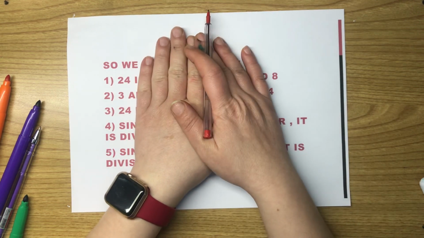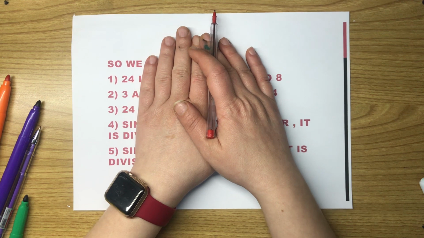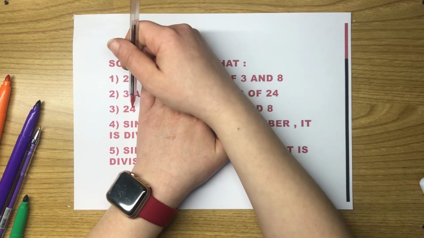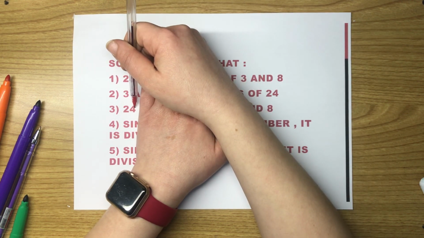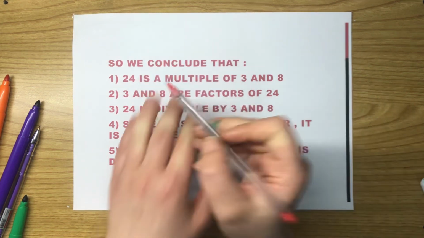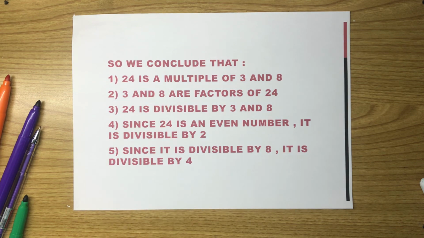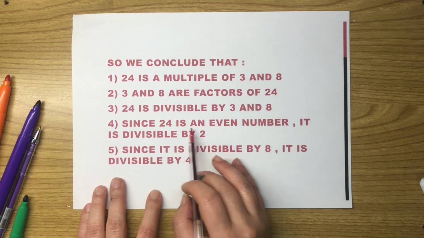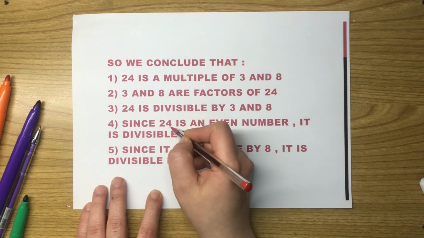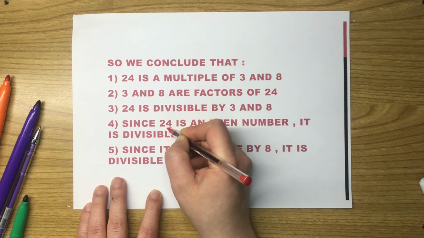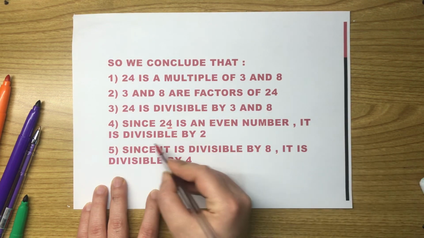You just gave us the divisibility rule of 3. 2 plus 4 equals 6. 6 is a multiple of 3. So definitely 24 is divisible by 3. Since 24 is an even number, because it has 4 in the first digit, it is divisible by 2.